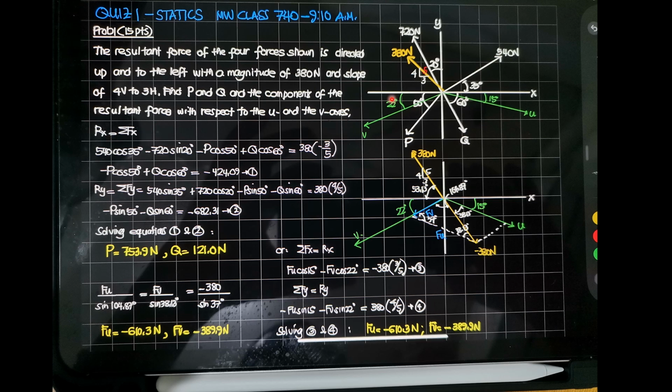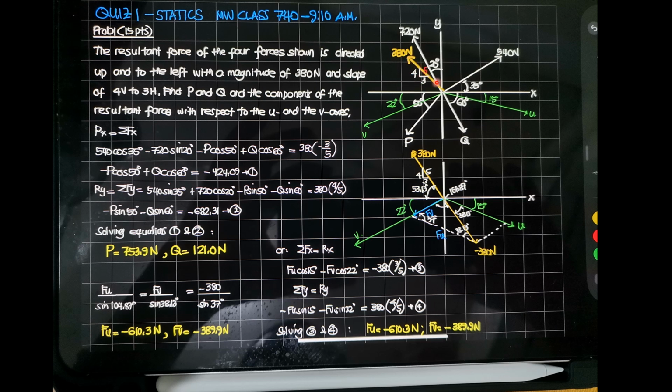So for the solution, let's draw the given figure, and the resultant is shown here. It is directed up to the left with a slope of 3 horizontal, 4 vertical, so the hypotenuse should be 5.